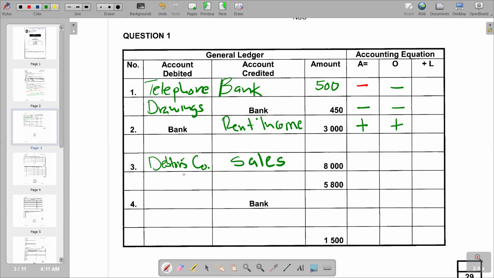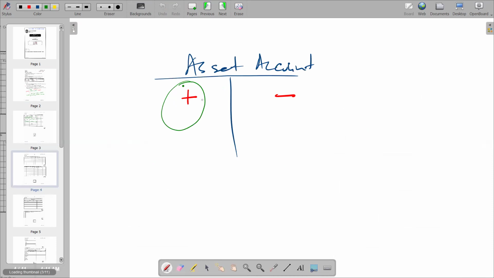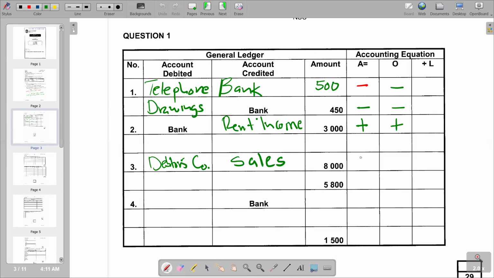By debiting debtors control, we are debiting an asset. Debtors control is an asset. And remember, when we are debiting an asset, it's a plus. So we show a plus on assets. Then sales is going to affect our net profit. So sales increases net profit, and net profit will increase our owner's equity. So basically, sales is a plus on owner's equity. So we're having a plus again on owner's equity. So this is what we have on the selling price.